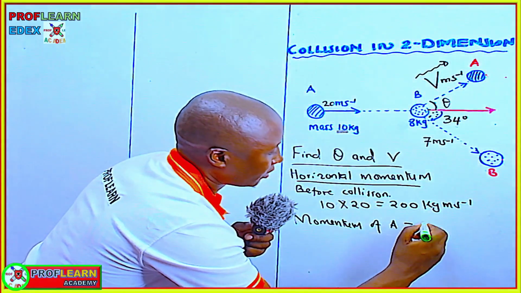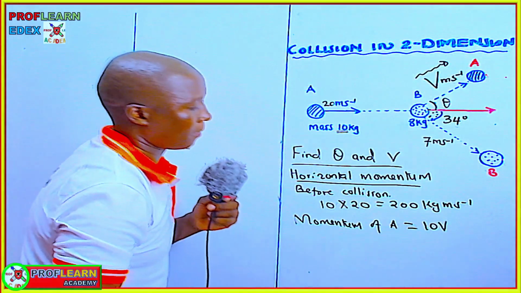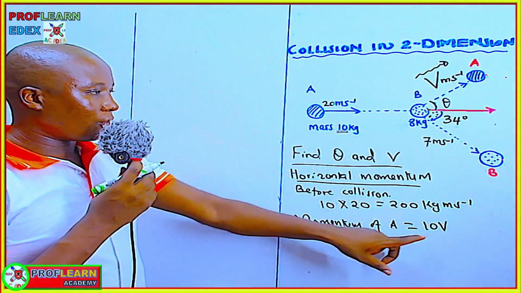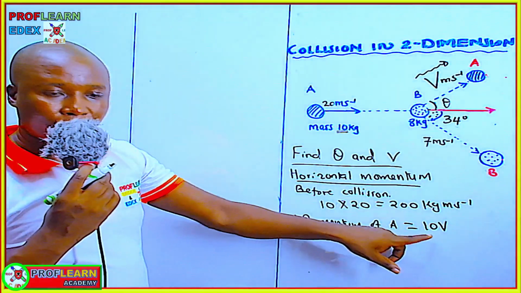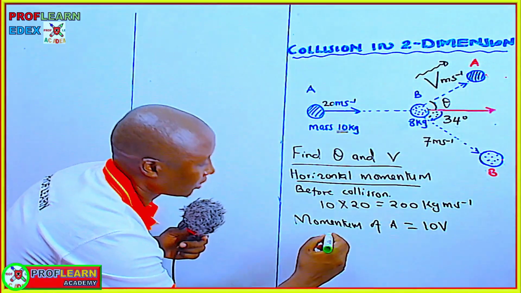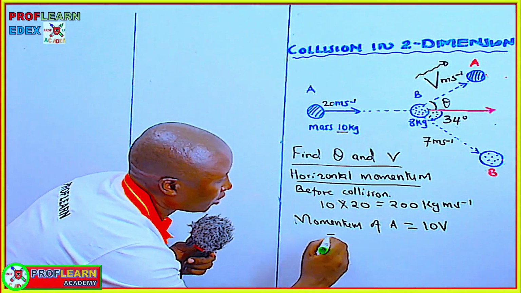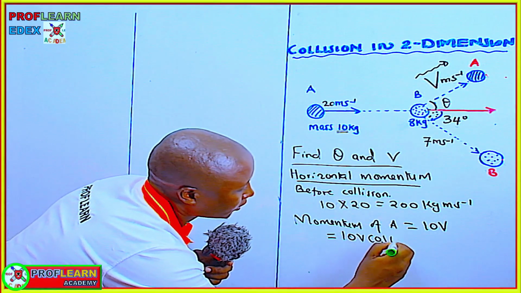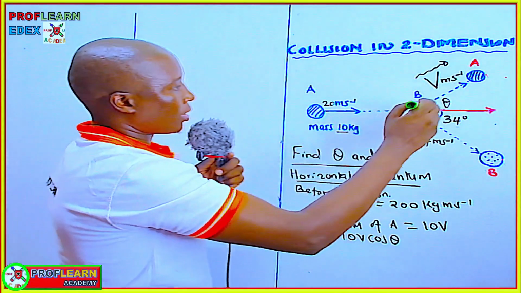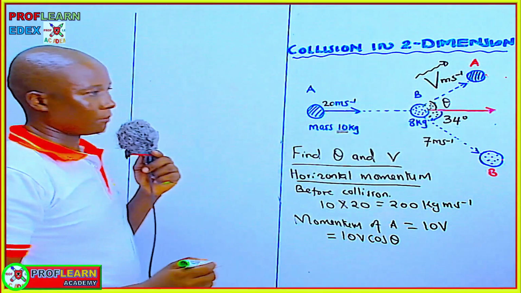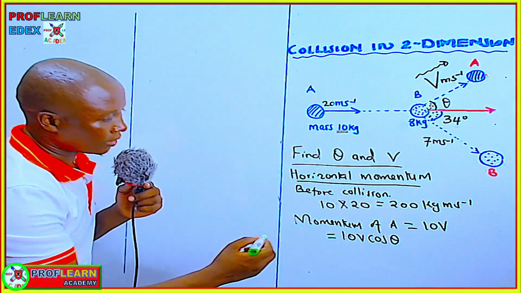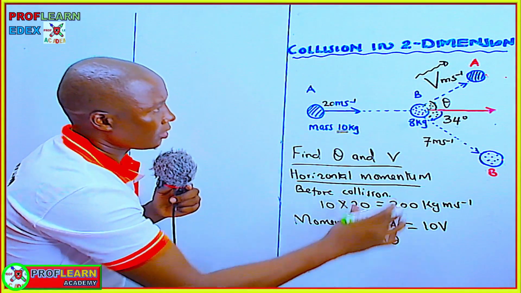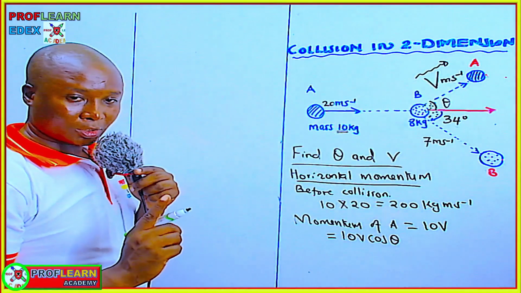So this is going to be 10 v. But what will be the horizontal component of this momentum of 10 v? The horizontal component in that case is going to be equal to 10 v cos of that angle that we are talking about at this point. So this is the horizontal component of object A after collision.